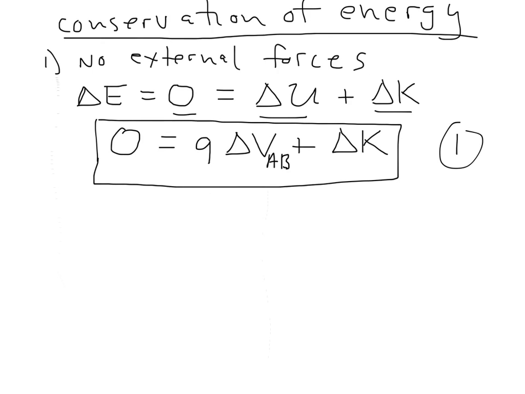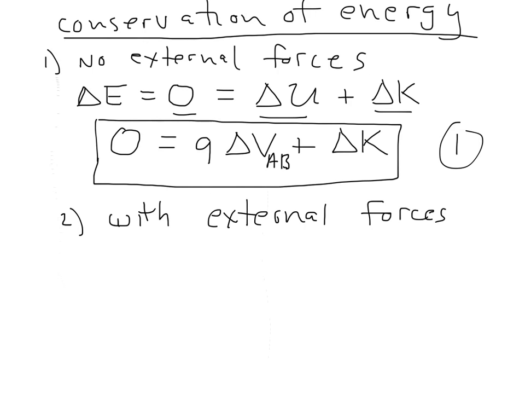In the case of external forces, this is the second case, with external forces, we have to use the work-energy theorem. First, let's review the definition of work. The work done by a force F is equal to the inner product of the force and the displacement of the object under the action of that force.